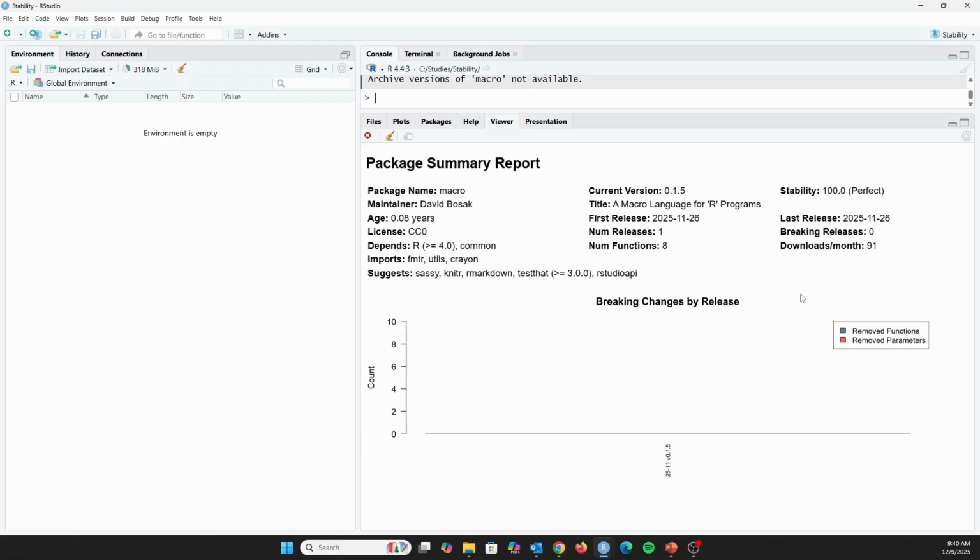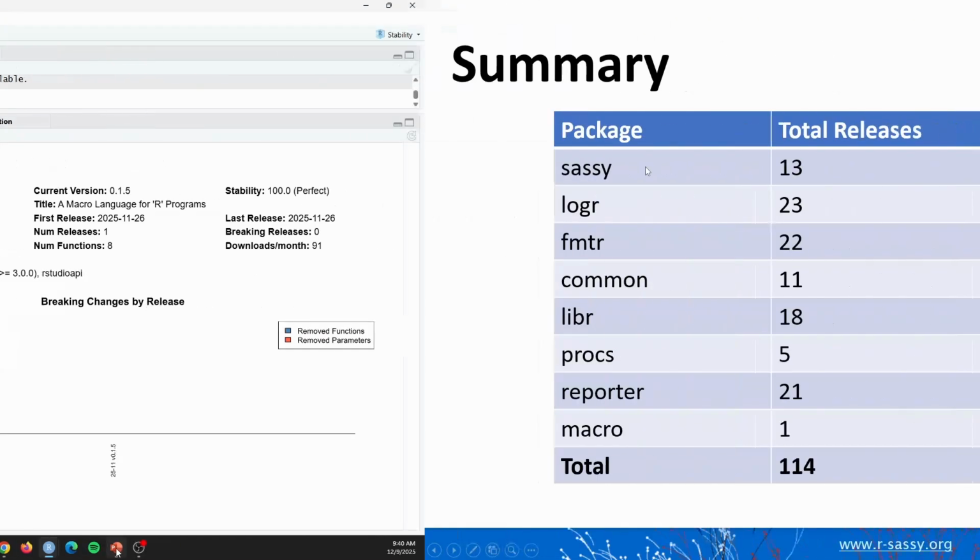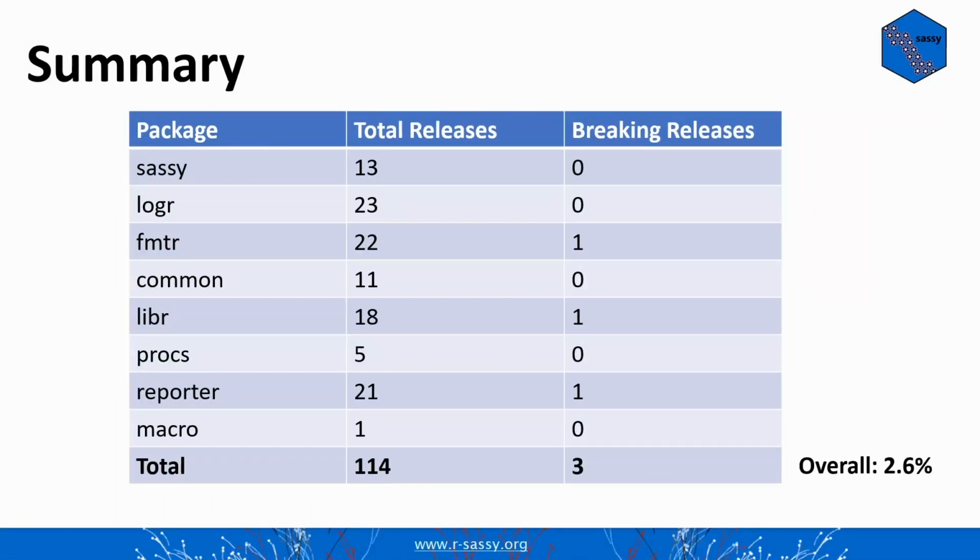So you can see that overall this is an extremely stable set of packages. If we were to summarize the information from that package summary report into a table, it would look like this. So here's a package on every row and the total number of releases for that package, and then the number of breaking releases for that package.